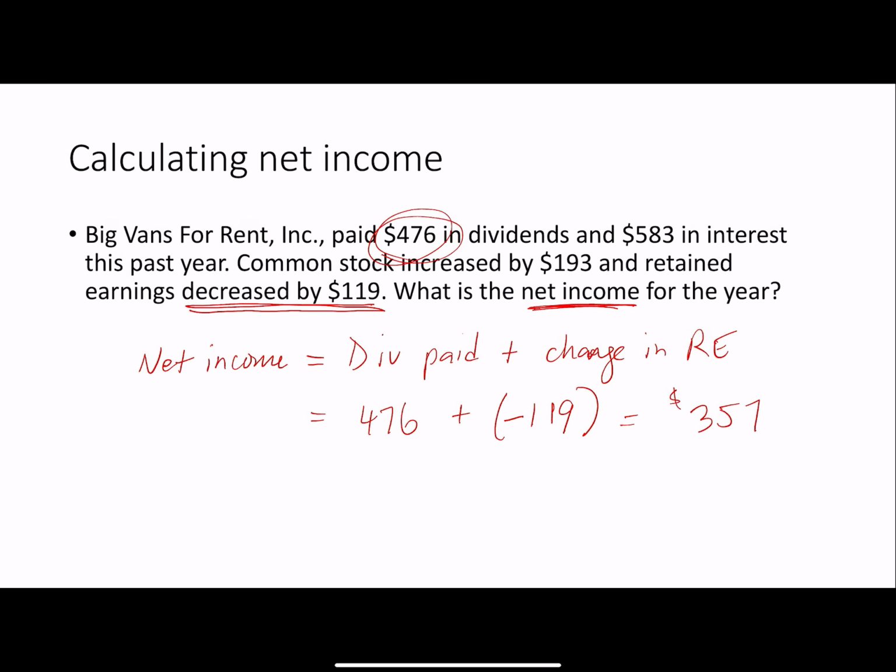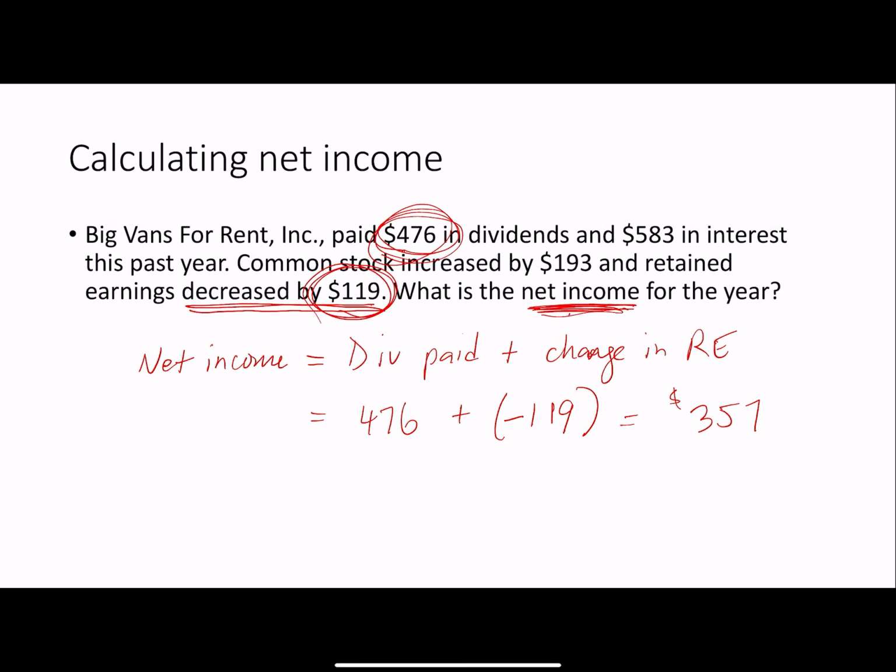$357. So again, just to recap what we just did, we calculated net income, not from revenues and expenses and all that. What we did was we looked at dividends paid and change in retained earnings, right? Because net income represents the income available for shareholders.